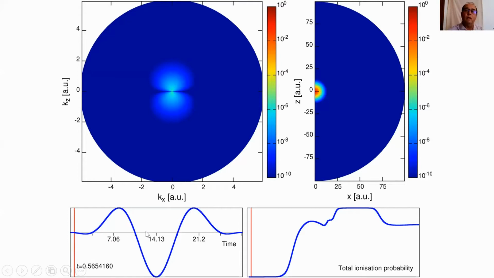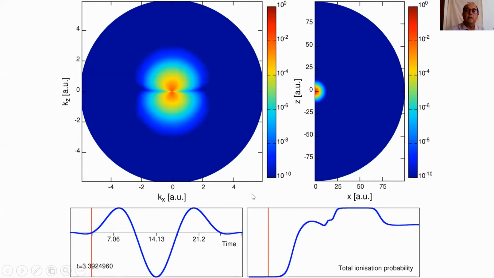Here we will follow the time. Here you see the same density in coordinate space. And here you will see the total ionization probability as a function of time.